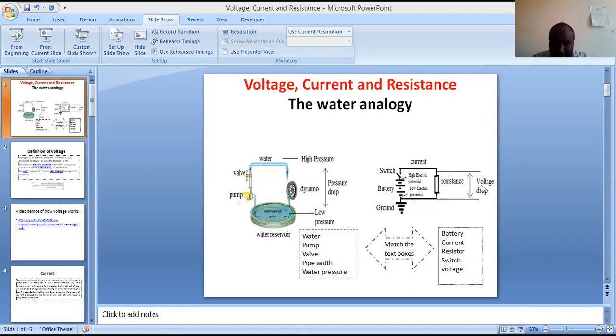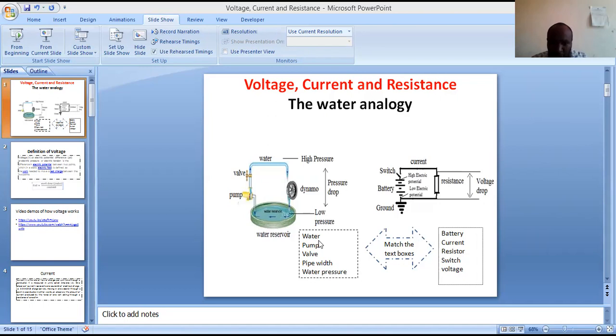So that analogy helps you understand what current is to this scenario of water, the pump, and the reservoir. So a small exercise where you are told to match the analogy of water and the analogy of the voltage circuit.